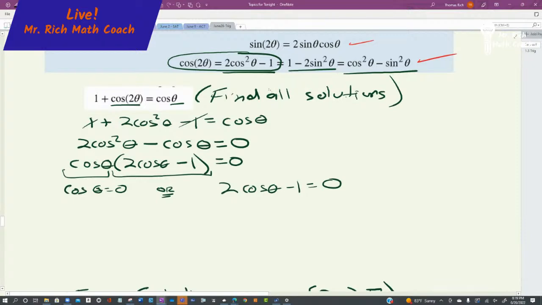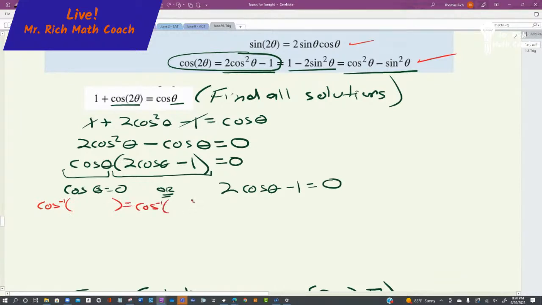Now, I am here trying to find all solutions, not just solutions that are in the unit circle from 0 to 2 pi. So what I'm going to do is say, okay, well, when is cosine 0? Well, what I'm really doing here is taking the arc cosine on both sides of this equation.